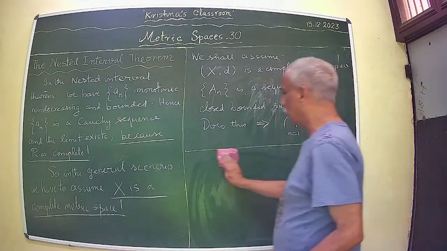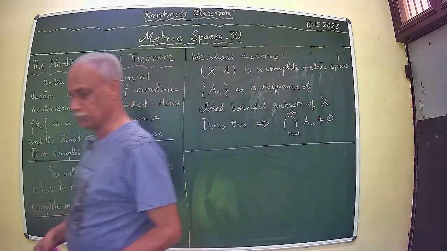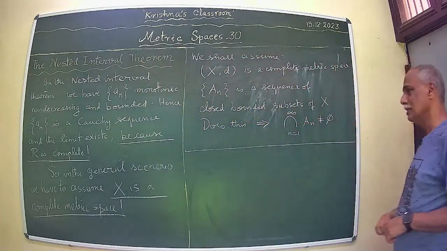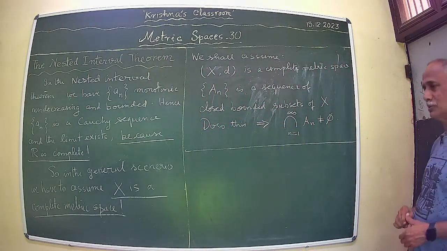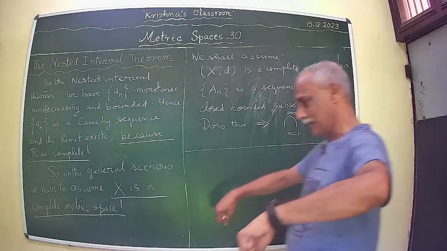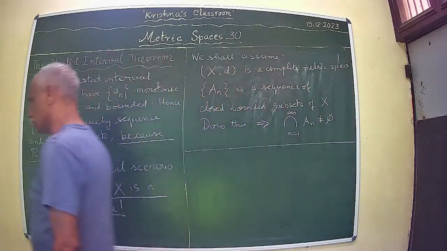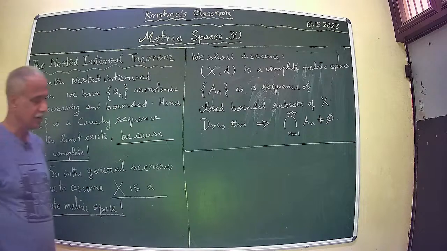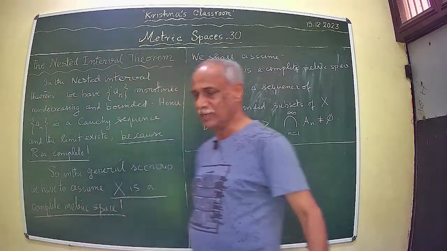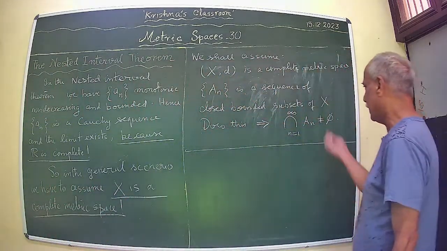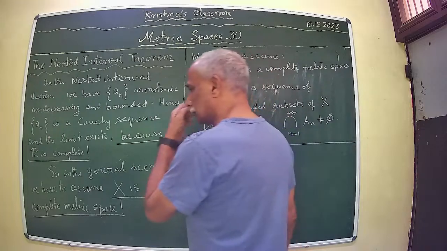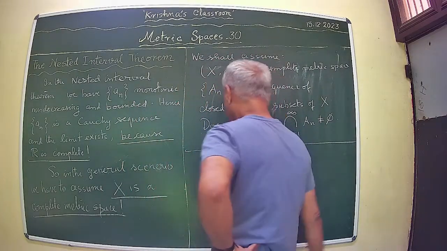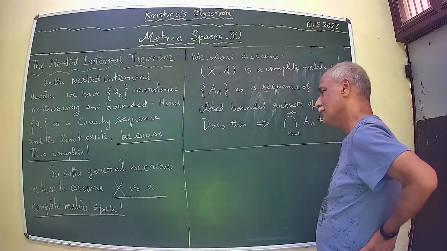Now, if you try to mimic the proof of this, then the problem is that possibly we can work out a sequence of points, and then try to get a limit of this. See, if we try to explore the same proof, what would happen?